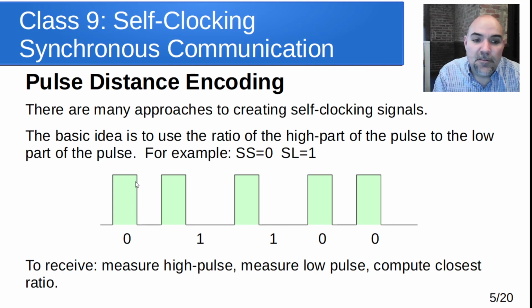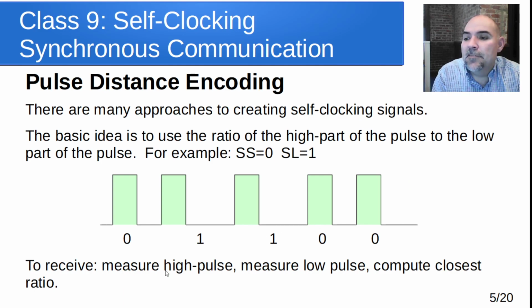So looking at this, these two match, we get a 0. This one, the low pulse is longer than the high pulse, that's a 1. High pulse followed by long, 1. Short followed by short, 0. Short followed by short, that would be a 0. I should probably have drawn that edge going up over on the side here, but you can imagine that.